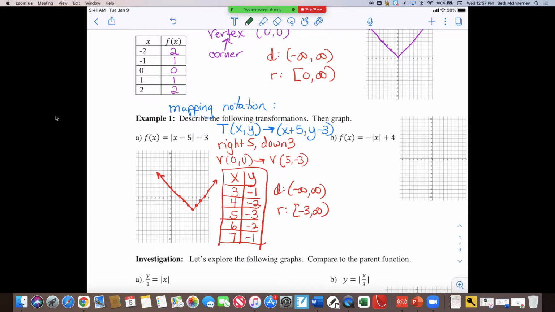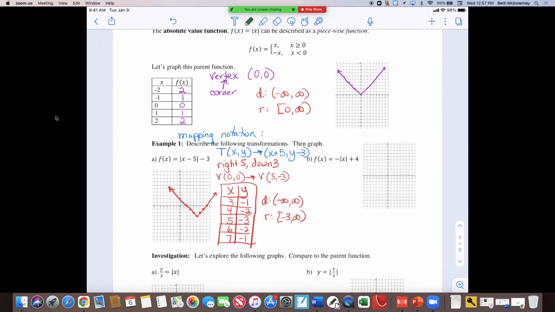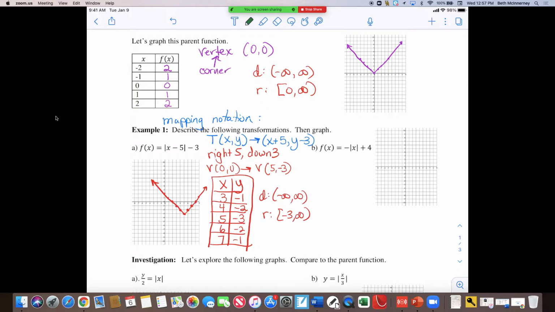All right, let's do another one. So my vertex is moving from 0, 0 to where? Up 4. Nice, okay? So that's going to be 0, 4. But that negative out front is a reflection over the x-axis and then up 4.